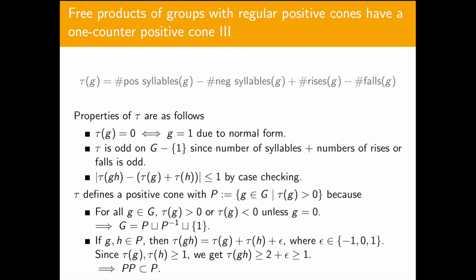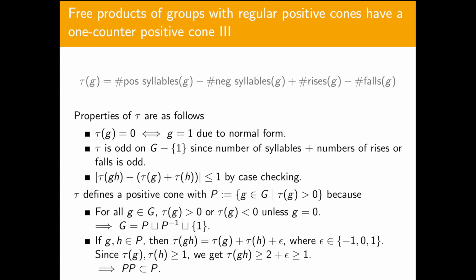Moreover, if g and h are in this positive cone that we defined, then tau of gh is equal to tau of g plus tau of h plus epsilon, where epsilon is minus 1, 0, or 1. But since both tau of g and tau of h are greater or equal to 1, because tau is an integer, we get that tau of gh is greater or equal to 2 plus epsilon, which is greater or equal to 1.